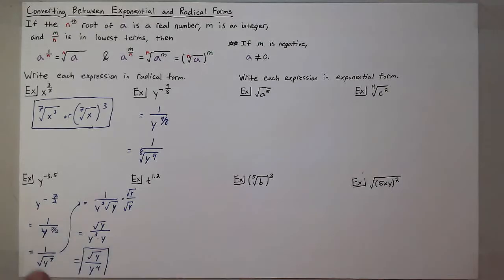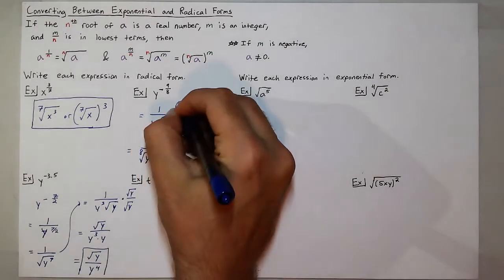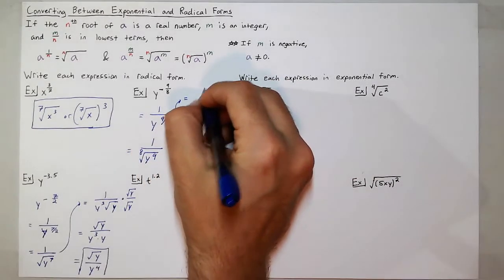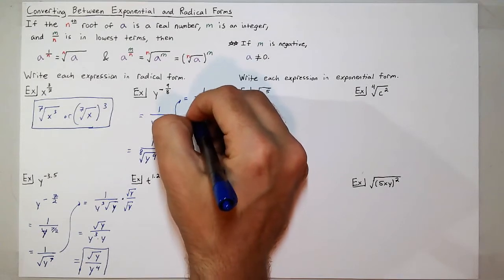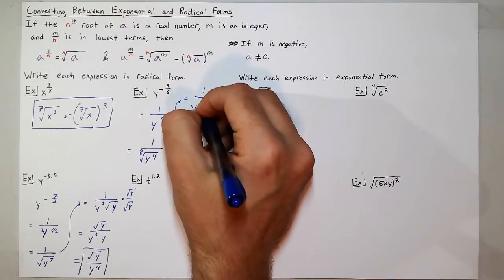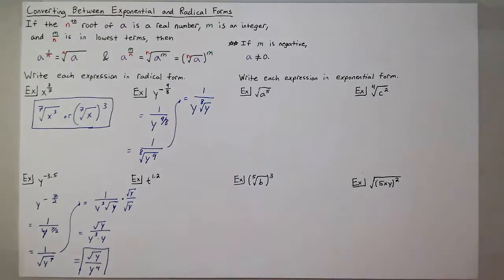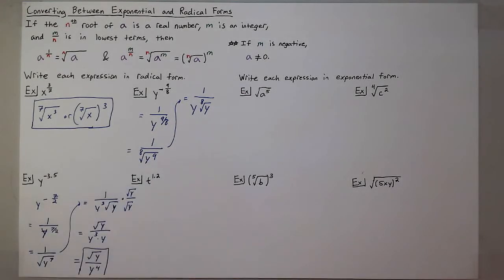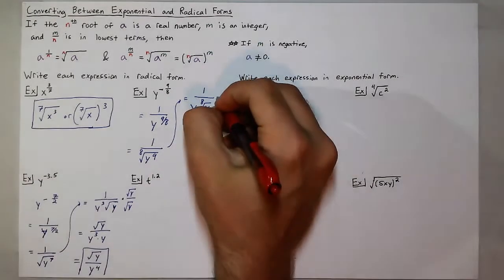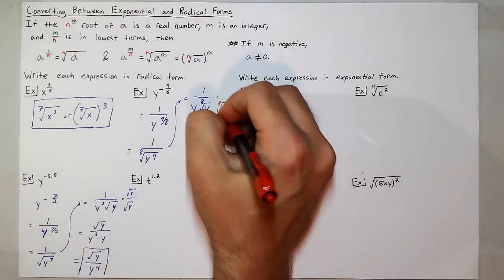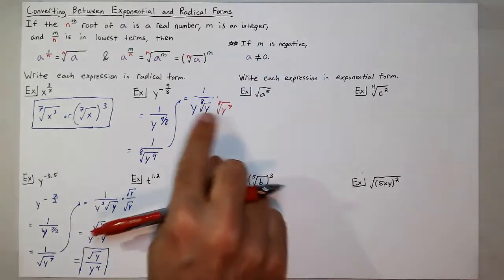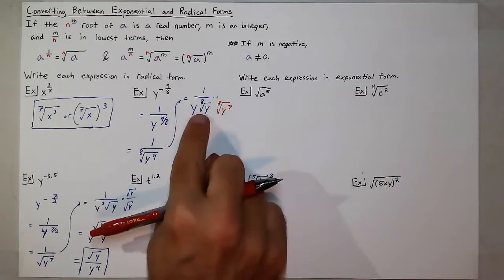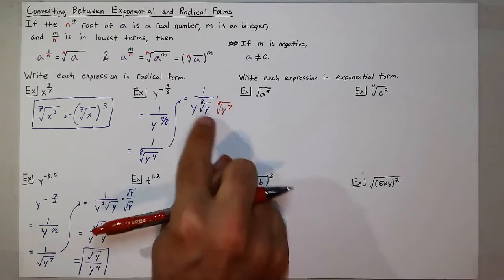I'm going to do the same thing I did before. I'm going to simplify that radical by taking out one y. So I have y times the 8th root of y, because I have 1 perfect 8th power inside of y to the 9th. And then to rationalize the denominator, I'm going to multiply by the 8th root of y to the 7th. So y times y to the 7th makes y to the 8th and helps me get rid of the 8th root.